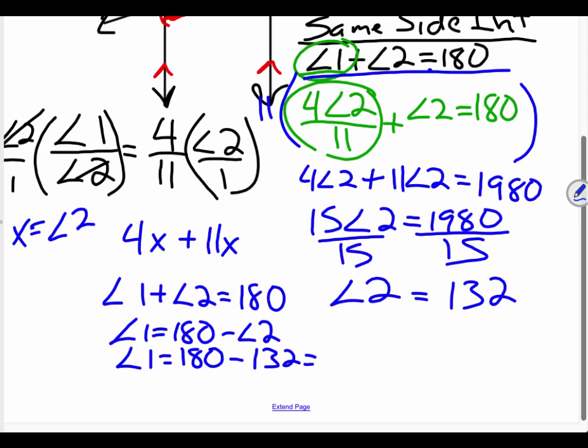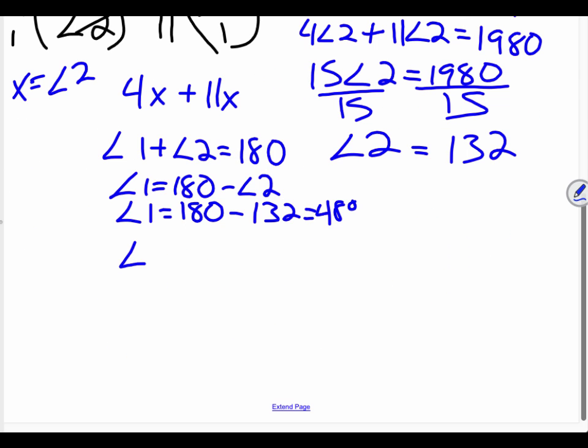What's that? 48 degrees. So angle 1 is equal to 48 degrees.